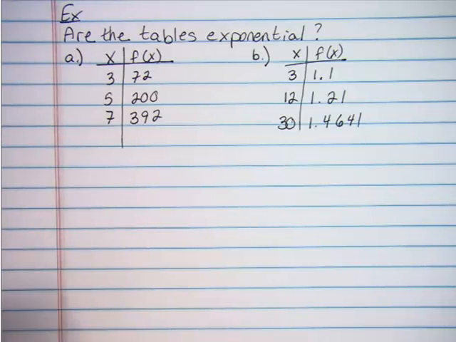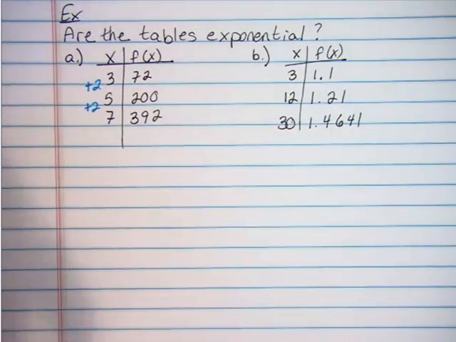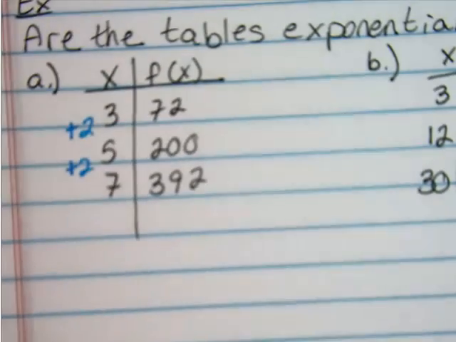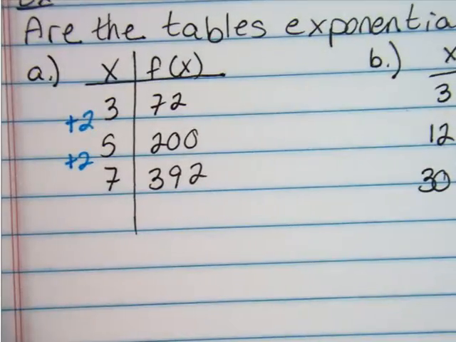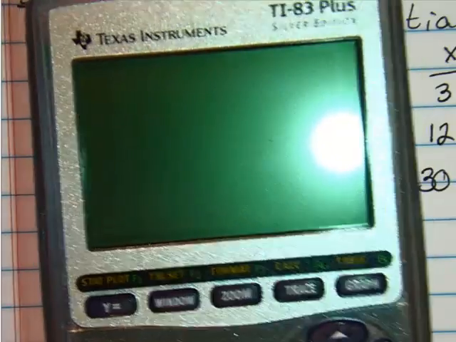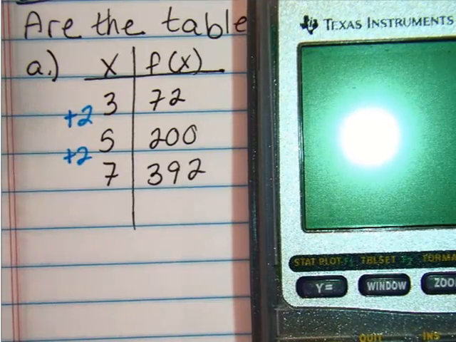So when I take a look at the left-hand side, those are adding very nicely by 2. Now, when I look at the f of x table, I have to see, am I multiplying by the same thing? I'm adding by the same thing. So when I take my calculator, I need to look at how do I get from 72 to 200?